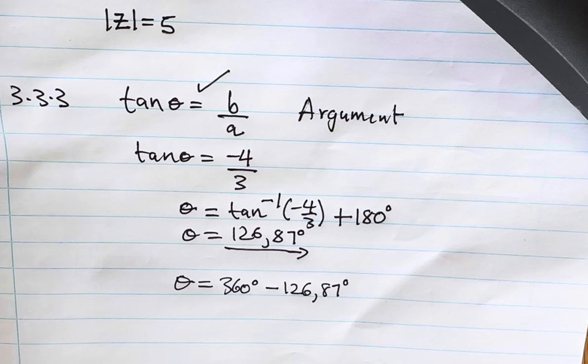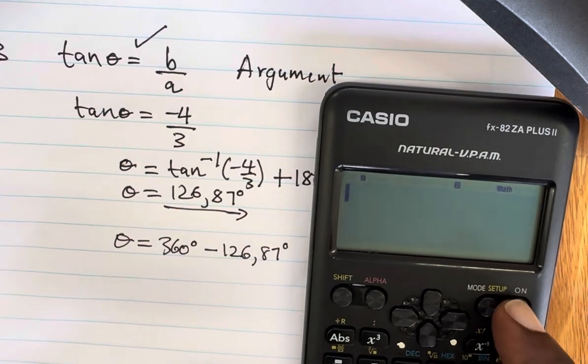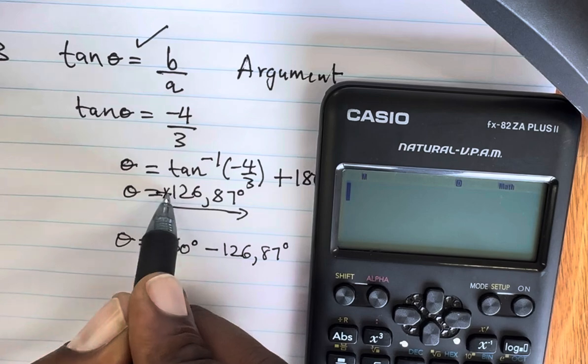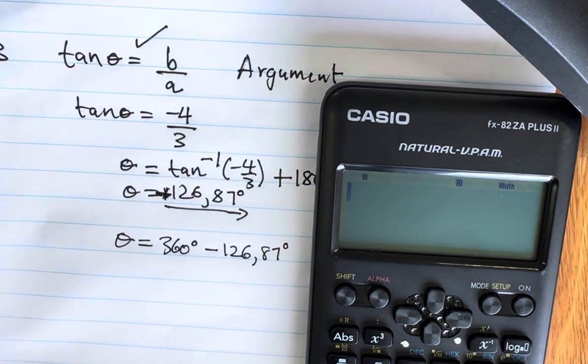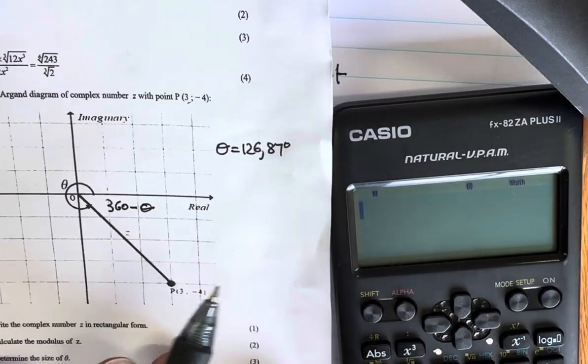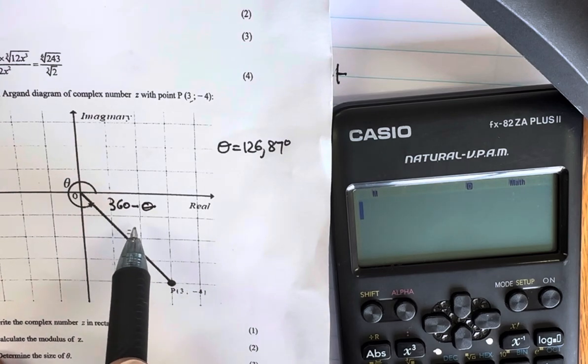So remember that in 3.3 we are supposed to get our theta. We're going to have 360 minus the angle that we got here, because remember that our argument is in the fourth quadrant, and in the fourth quadrant we have 360 minus theta.